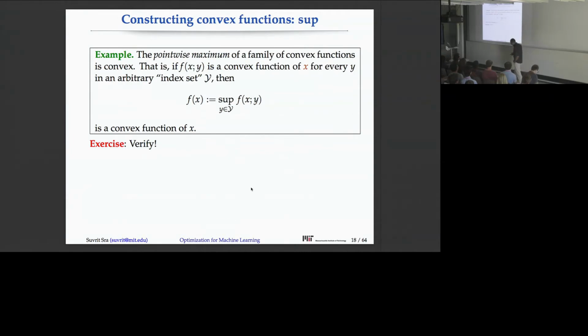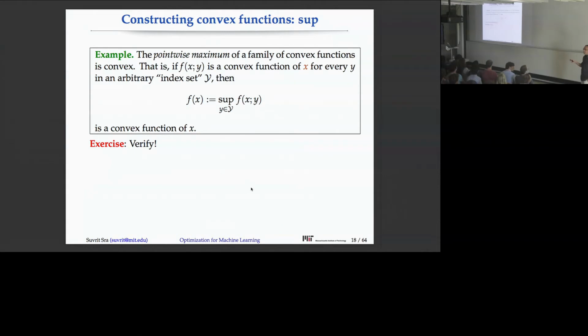So here is my favorite way of constructing convexity. I mean, everybody can have their favorites. Once you know many of those, you may have some of your favorite ways of constructing convexity. This one is by far one of the most awesome ones that I like: if you take a pointwise maximum, or rather I should say supremum, fine, you can call it maximum, then think of y as a bunch of indexes.